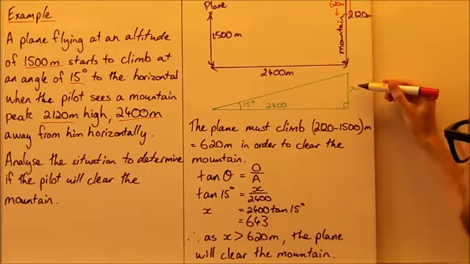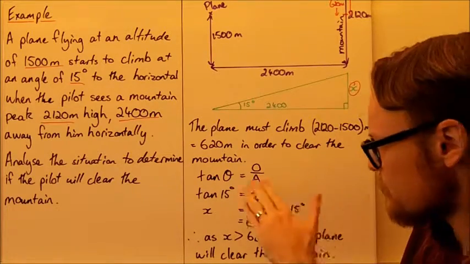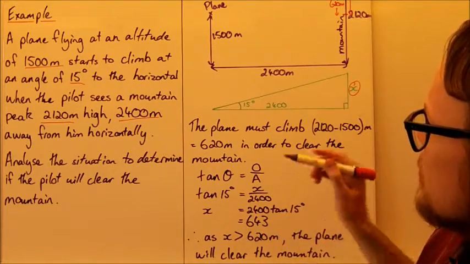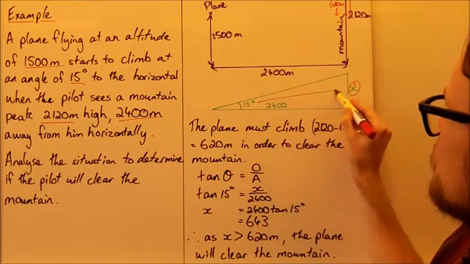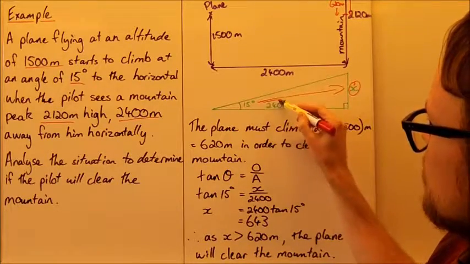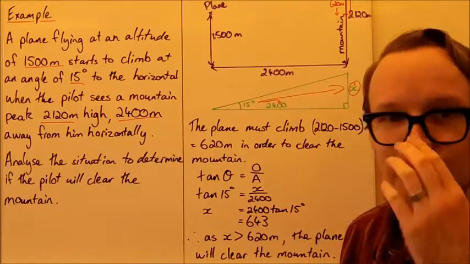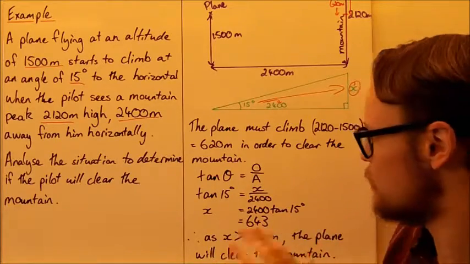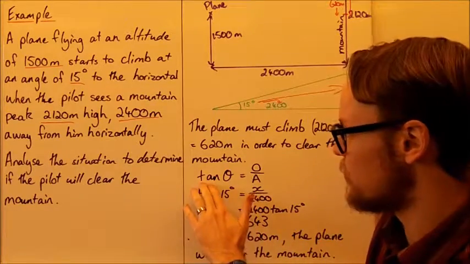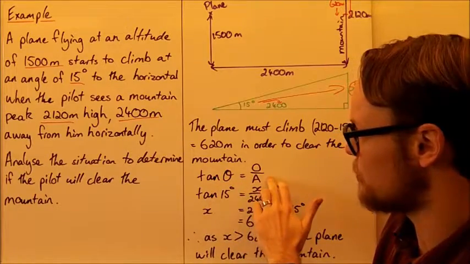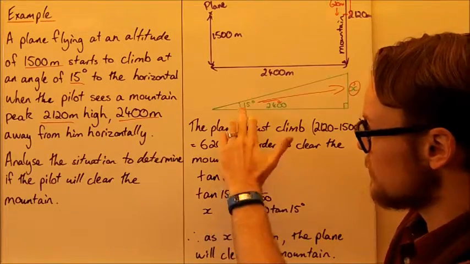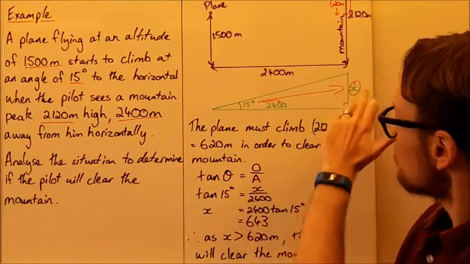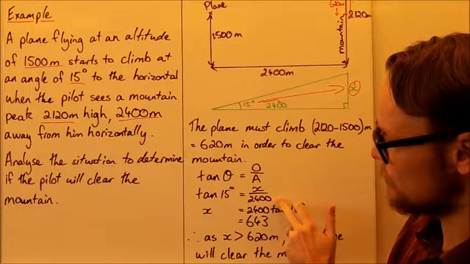So let's solve for x here using trigonometry. Now let's have a look at what trigonometric function I need to use. We've got the opposite side and the adjacent side. So opposite over adjacent is tangent, the tangent ratio. So tan of theta is equal to opposite over adjacent. That's 15 degrees is our angle, our opposite side is x and our adjacent side is 2,400.